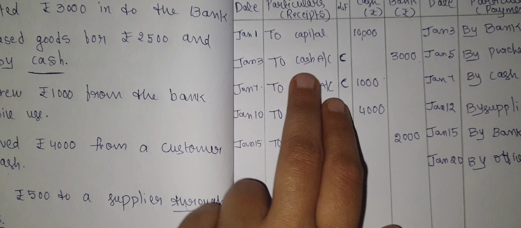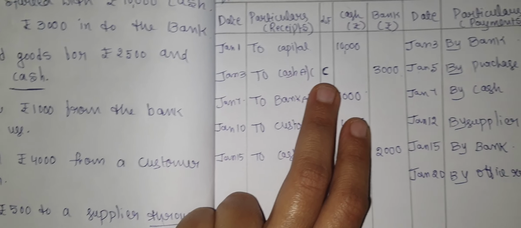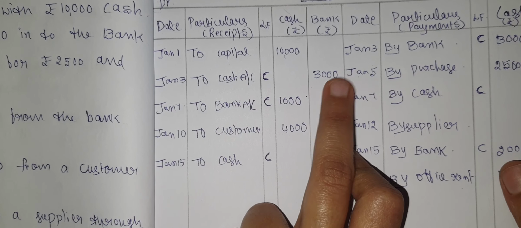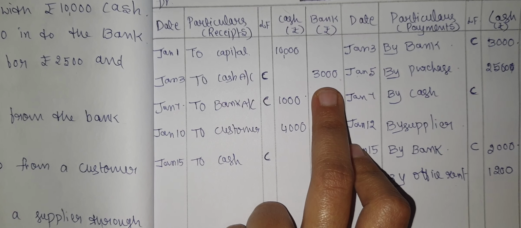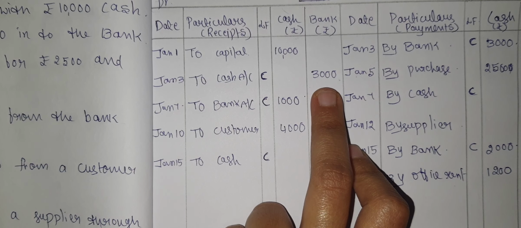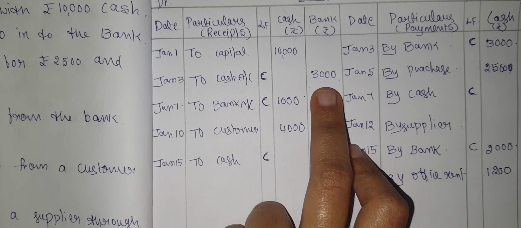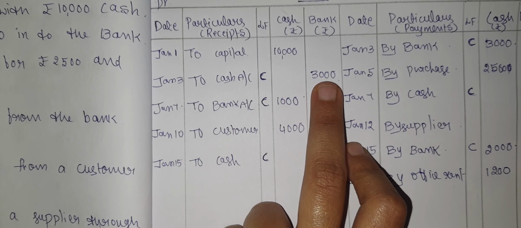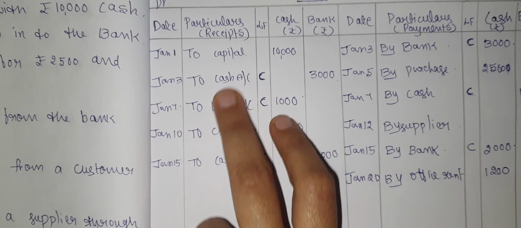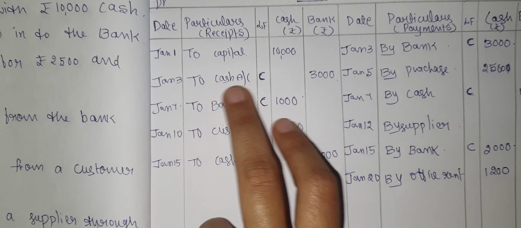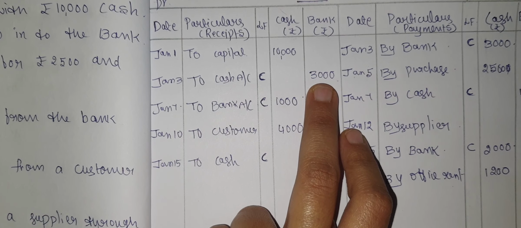And here we have to write to cash account and we have to enter the amount in the bank column, because bank balance will increase. When business deposits the amount into the bank, bank balance will increase.